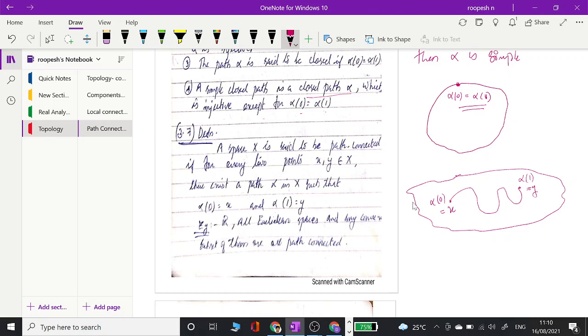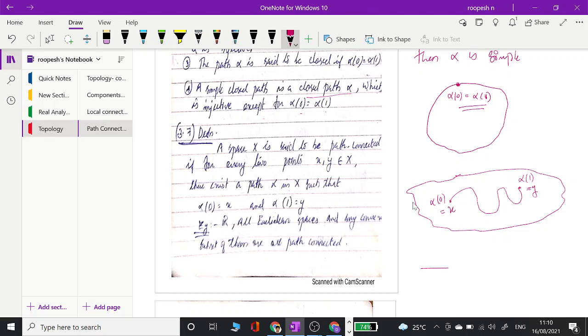If these two conditions are satisfied for every x and y, then we say that the entire space is path connected.